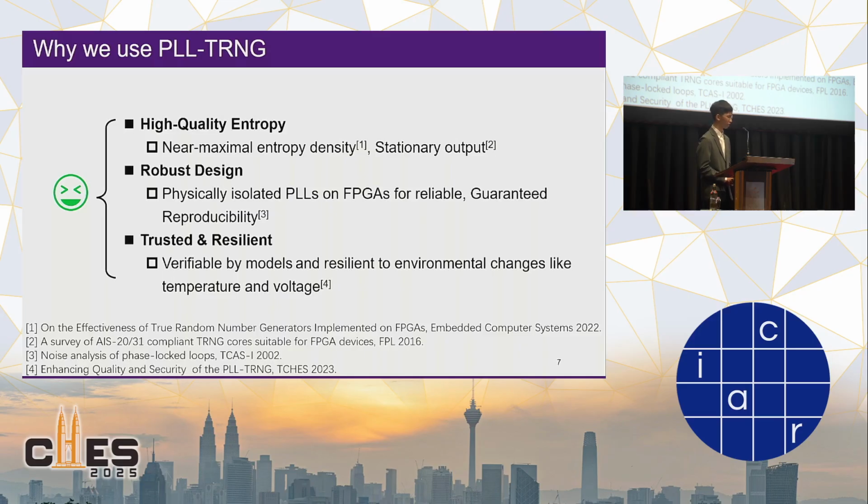The PLL TRNG is verified by models and on-chip tests, and due to the negative feedback mechanism, the PLL TRNG is resilient to environmental changes, like power fluctuations. So in short, the combination of high entropy, physical isolation, and environmental resilience makes the PLL TRNG an excellent choice.